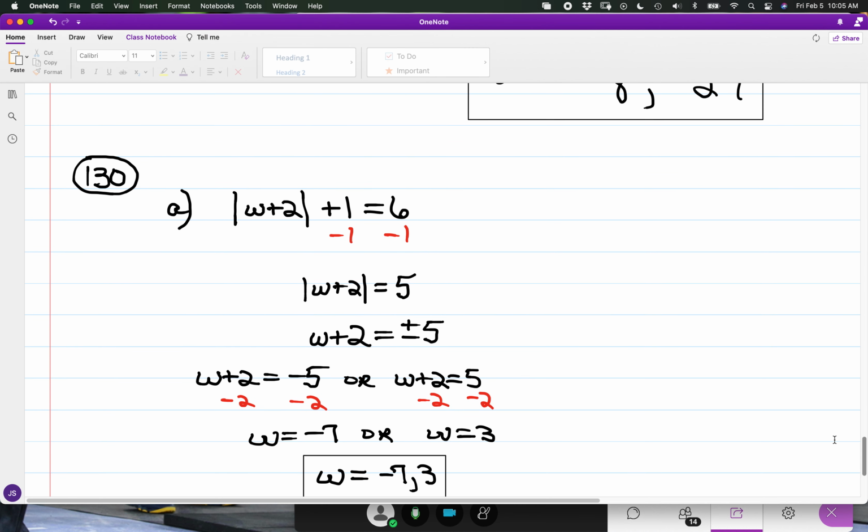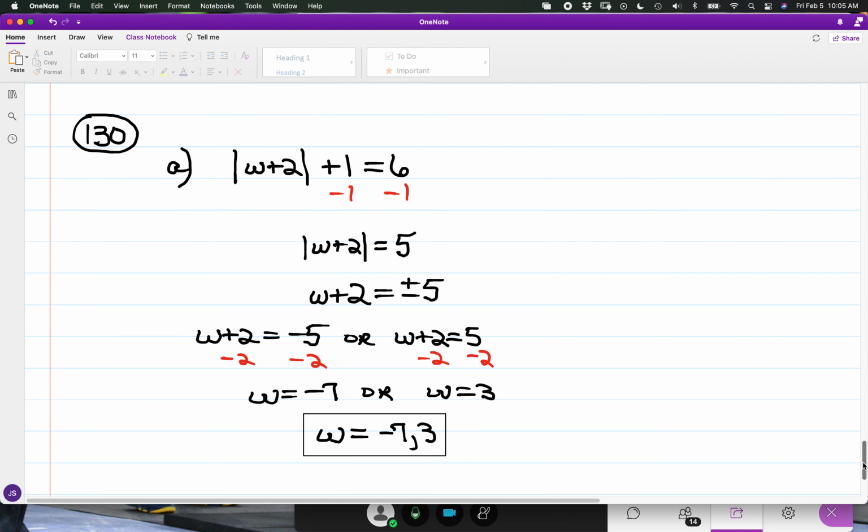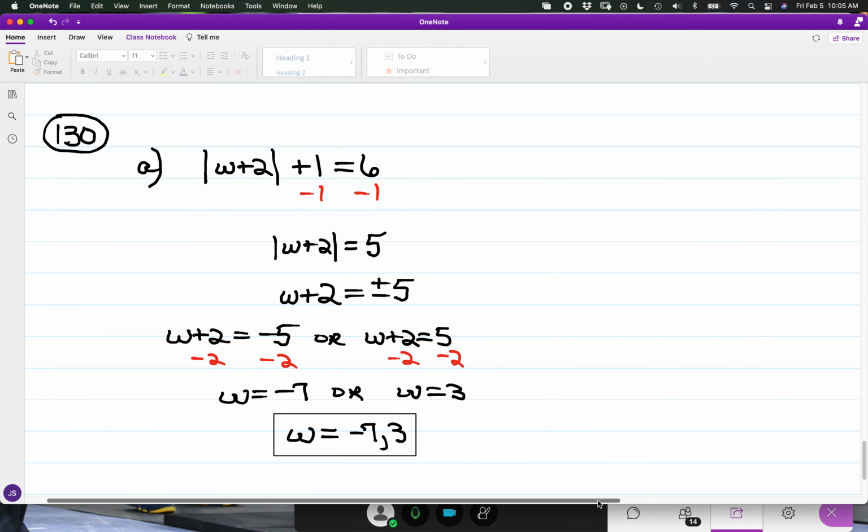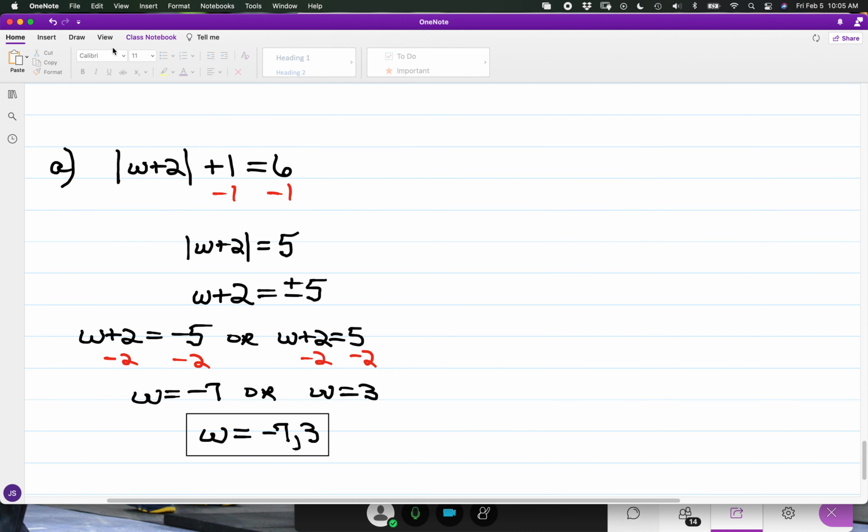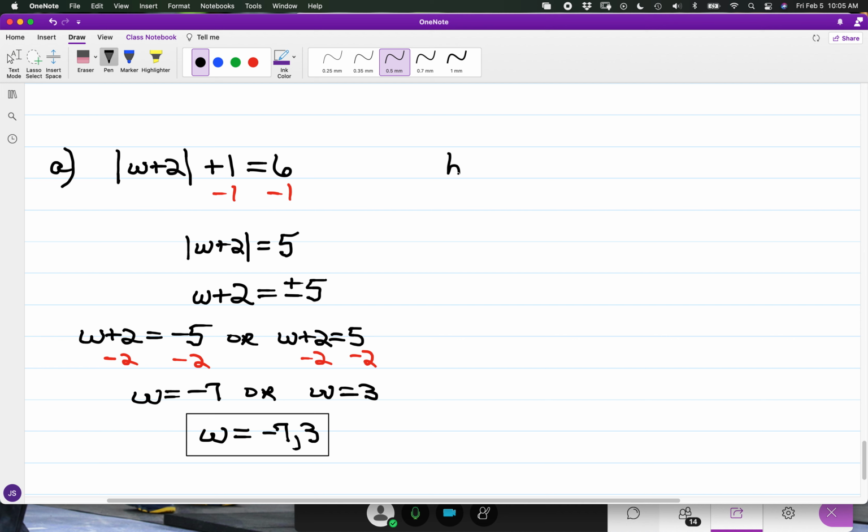Now, crossing over into the threshold of dealing with inequalities and keeping the same expressions, we have for part B the absolute value of w plus 2 plus 1 is less than 6. Okay, so you have an inequality.